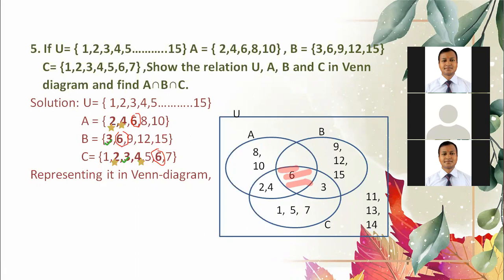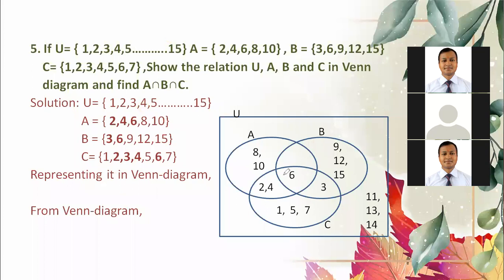So this diagram is clear to you all? If the diagram is clear, now next it is said to find A intersection B intersection C. That means the common region of all.